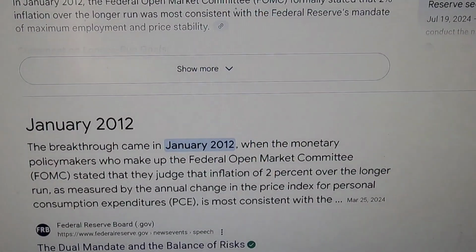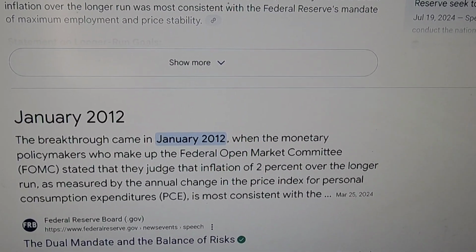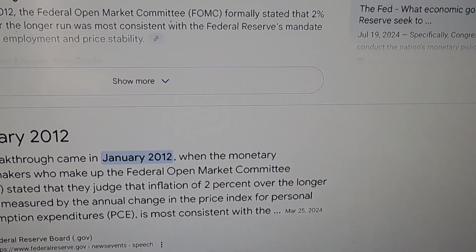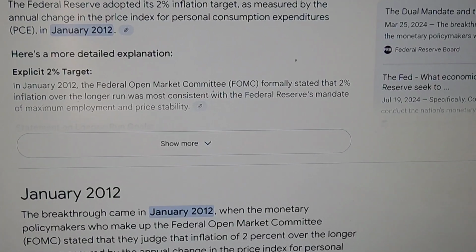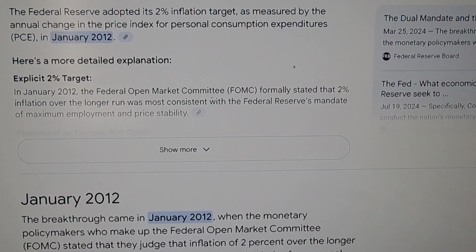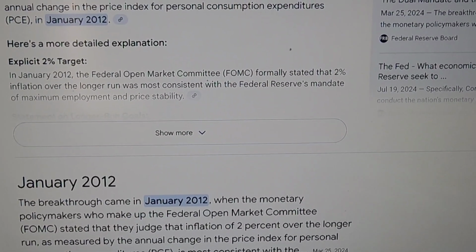Now there's a key piece to that whole dollar index. January 2012 is when the monetary system, the FOMC, adopted their 2% inflation mandate. The Fed has a dual mandate. That's basically a guideline they try to follow: maximum employment and a 2% inflation target.